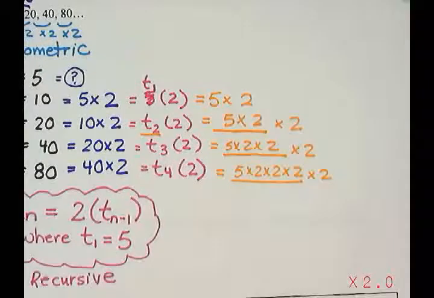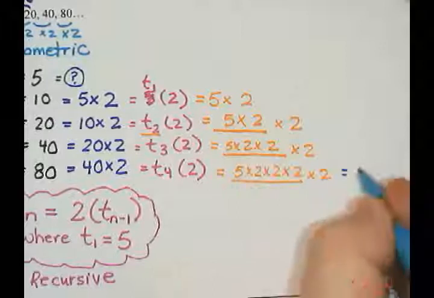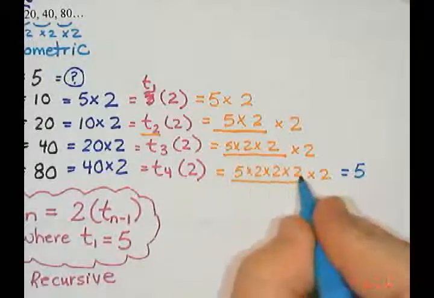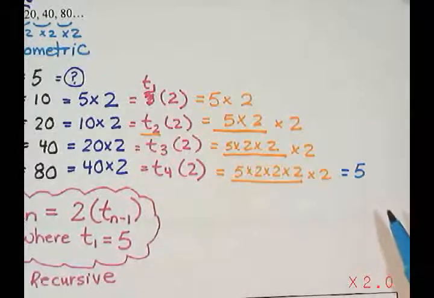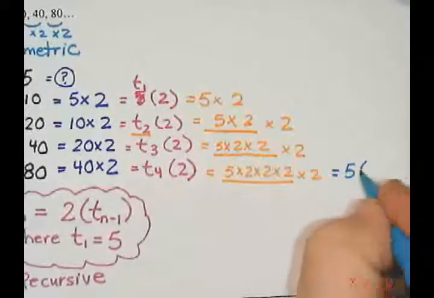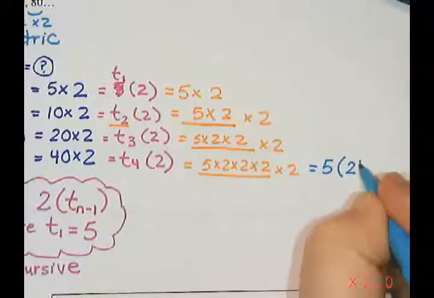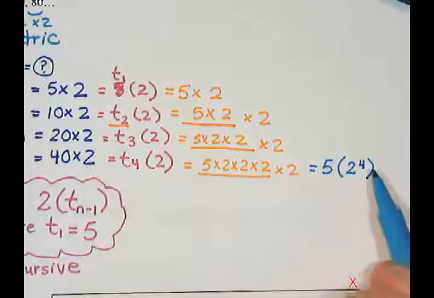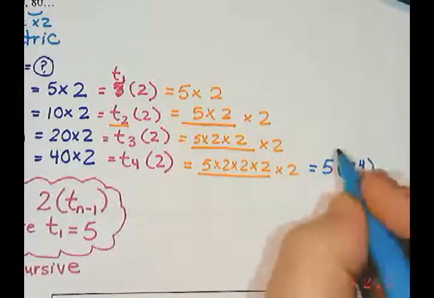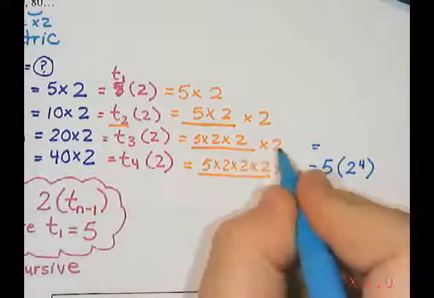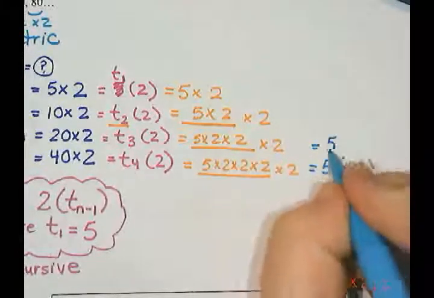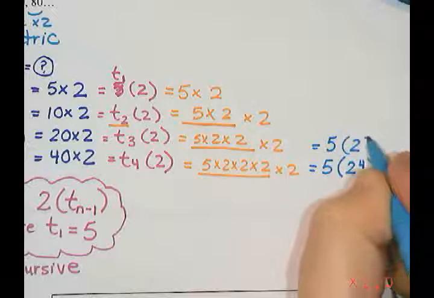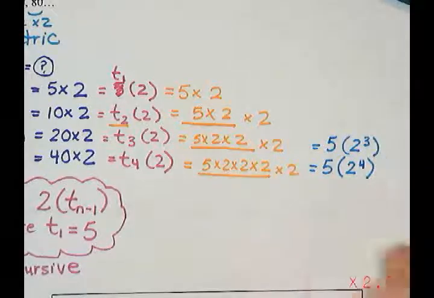So what we're going to do is see if we can find a shorter way to write this. Now I know this is 5. I've got 1, 2, 3, 4 2's. So 2 times 2 times 2 times 2 is actually the same thing as 2 to the power of 4. You multiply by itself 4 times. Okay, this one here has 1, 2, 3 2's. So 2 times 2 times 2 is going to be 5 times 2 to the power of 3, since there are 3 of them.